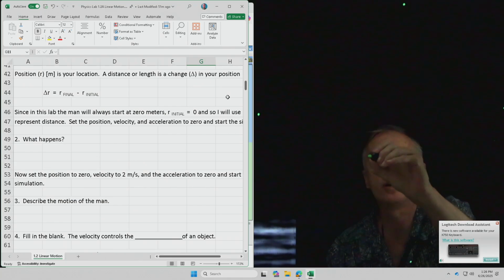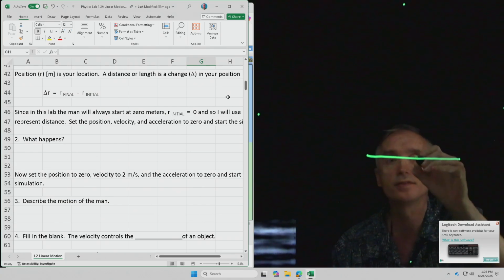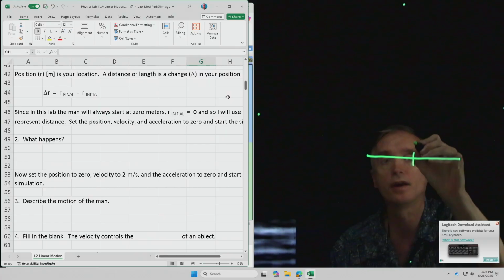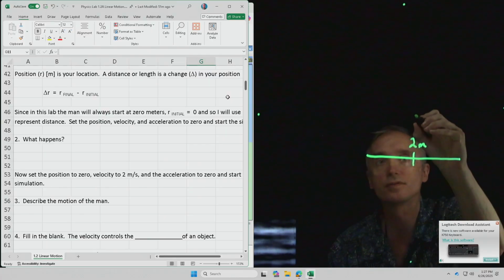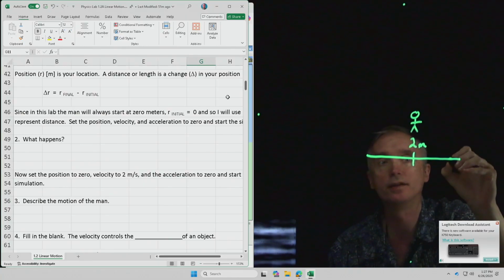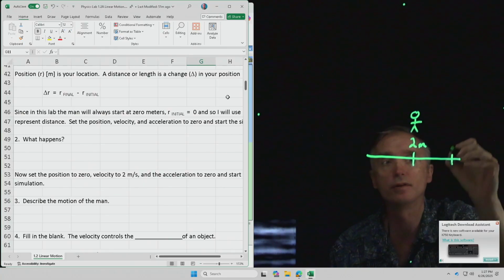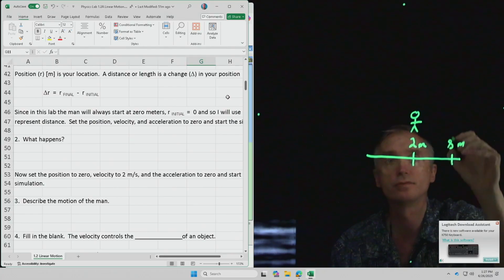So let me just draw a line here. Let's say that you start at 2 meters. So this is where the guy starts out. Then let's say that he moves over to here, and this is going to be 8 meters. So this is his final position.